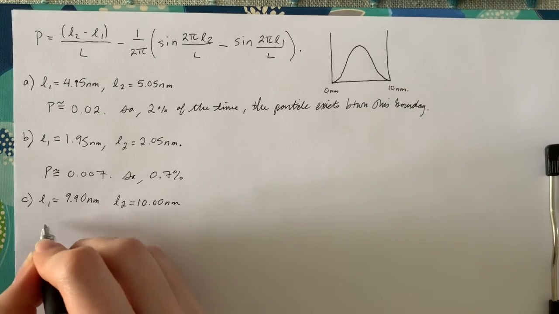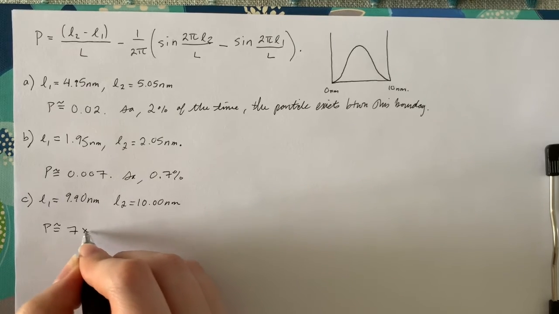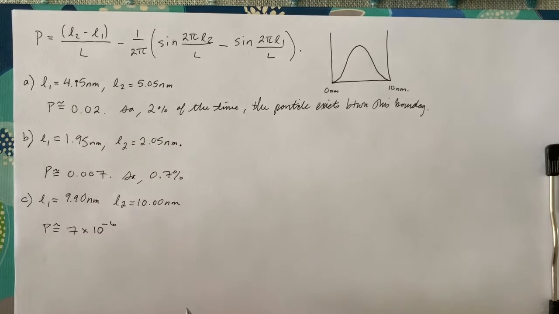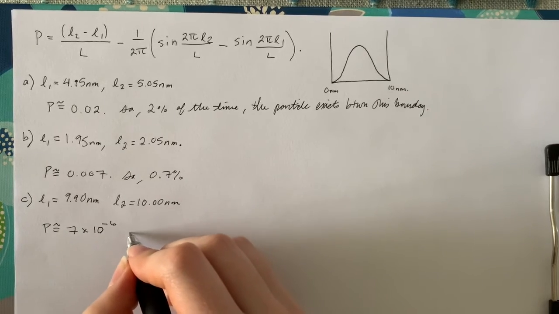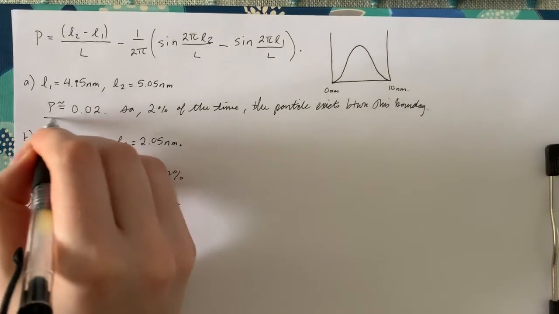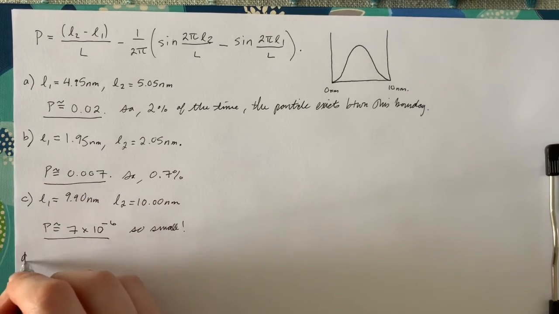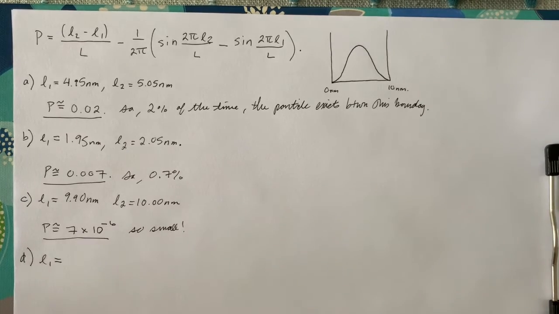And that probability you should get to be really small. 7 times 10 to the minus 6. So basically non-existent, almost. So small. I'll underline these answers.